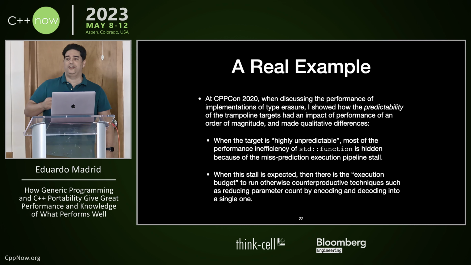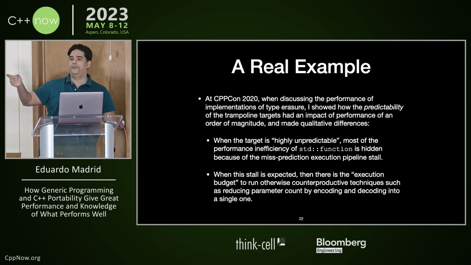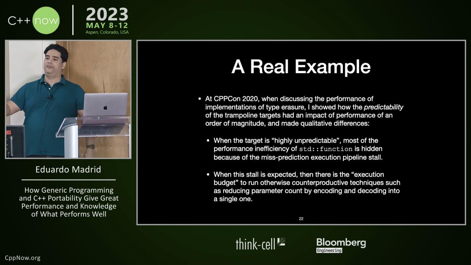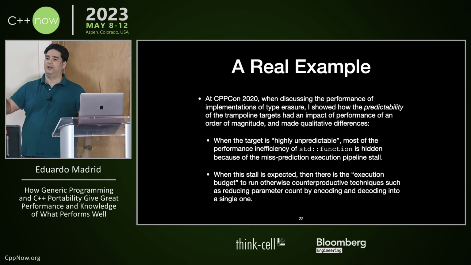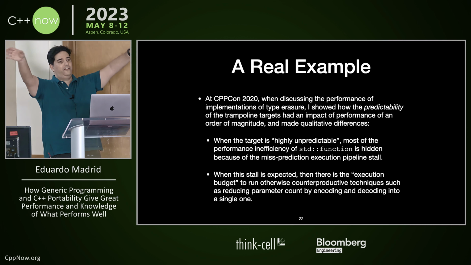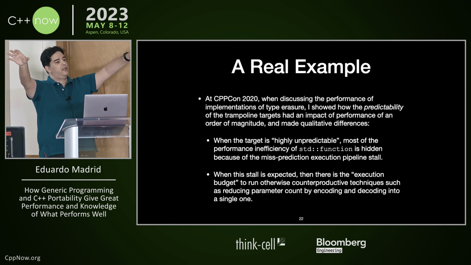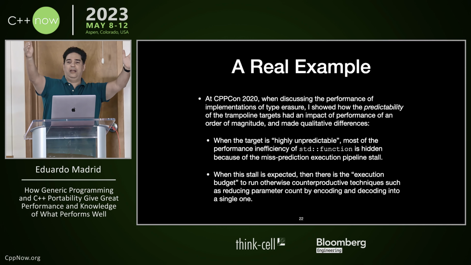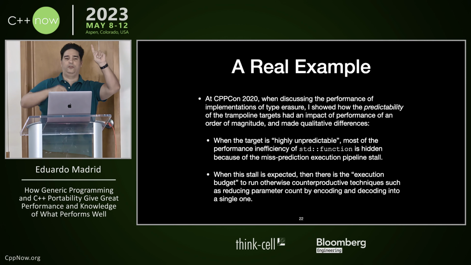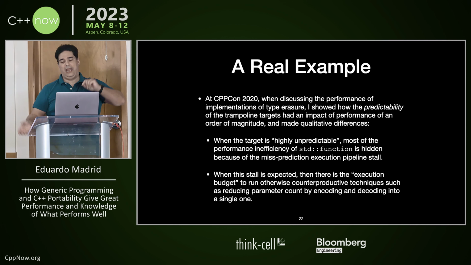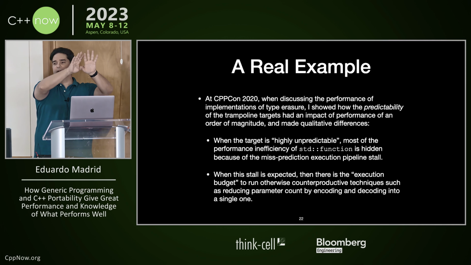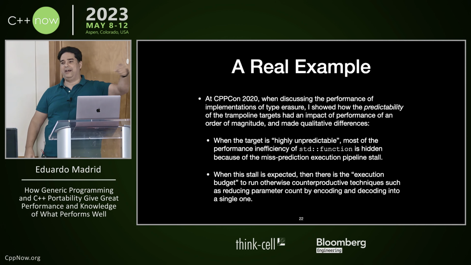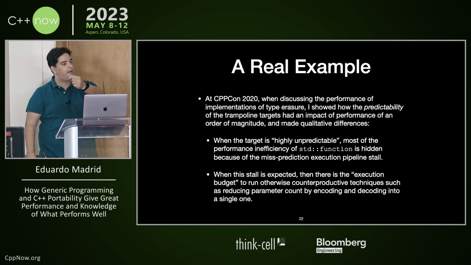But my implementation allows you to do something else while you're waiting for the branch misprediction to be resolved, which is, for example, to improve performance by, instead of having, let's say, 5 arguments in the function call, doing an encoding of 5 parameters into a single parameter, and on the other side, the decoding of the 5 parameters from the one that gets passed across the indirect jump.